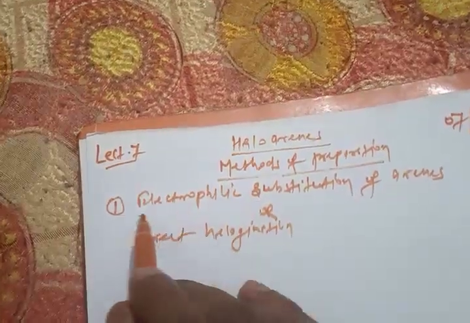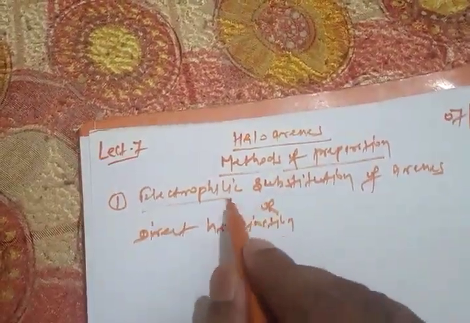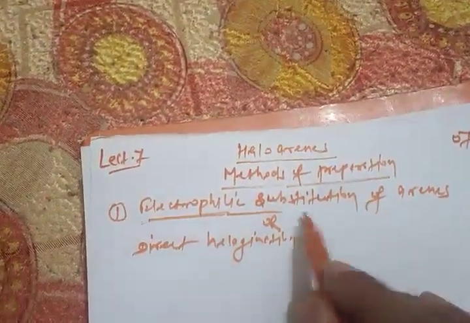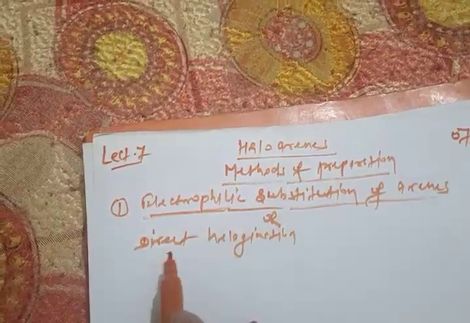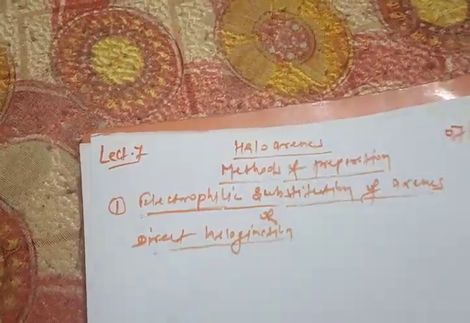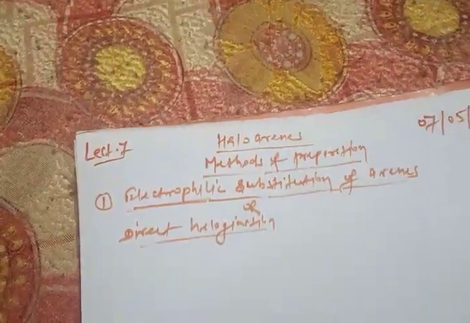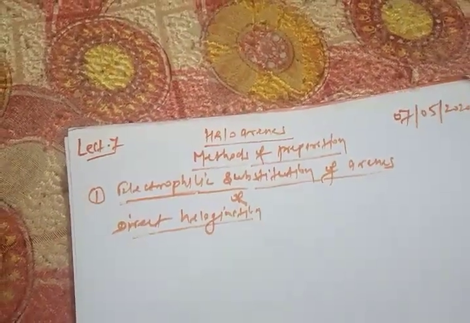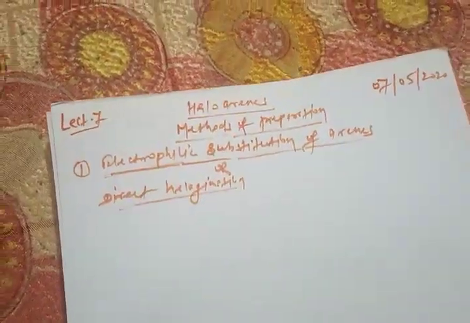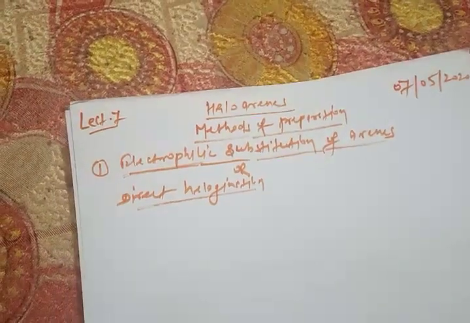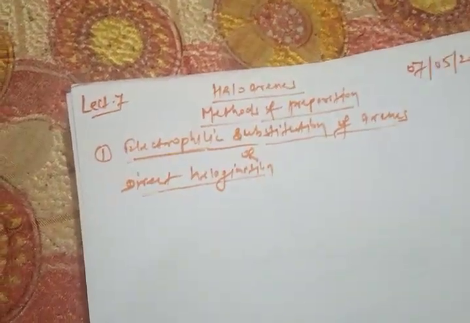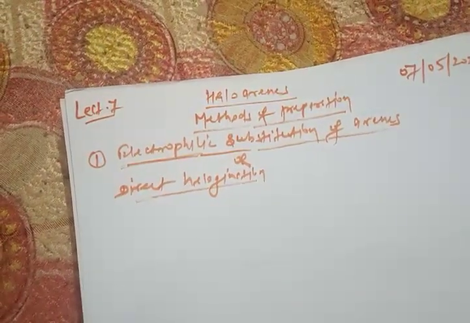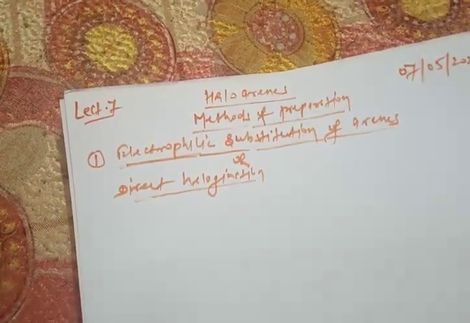Direct halogenation exists for alkyl halides or haloalkanes, and direct halogenation exists for aromatic halides also. But you know that fluorination and iodination are different phenomena with different behavior, so we will also discuss the nature of fluorination and iodination.